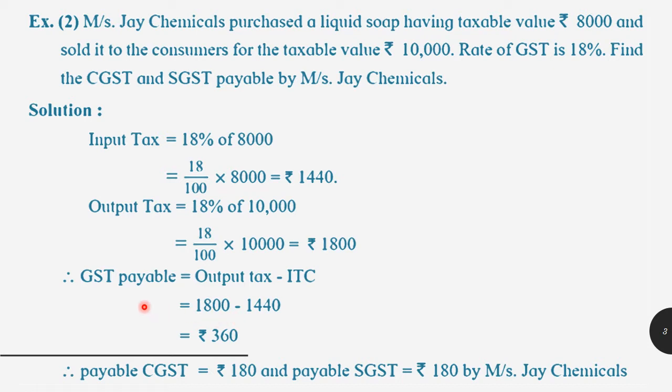So the GST payable by J Chemicals to the government is rupees 360. Next part is central GST and state GST, which will be half of 360, that is rupees 180 and 180 in both. So that was very simple. In this second example, the only thing is, if you apply the percentage to the purchase price, you get the input tax. If you apply the percentage to the selling price, you get the output tax.